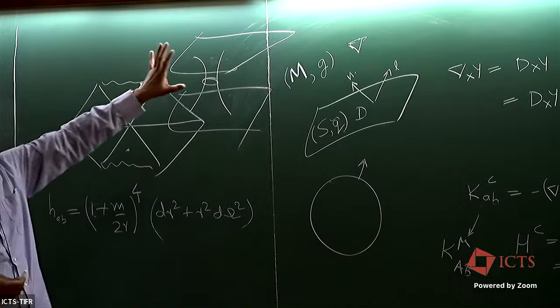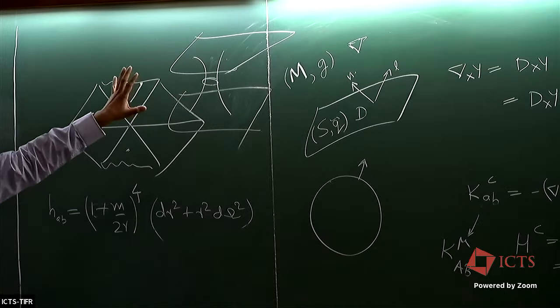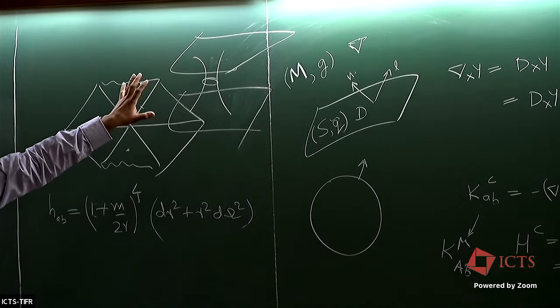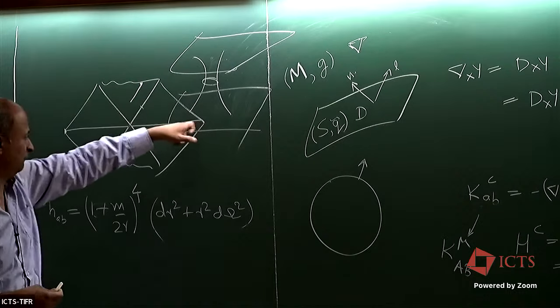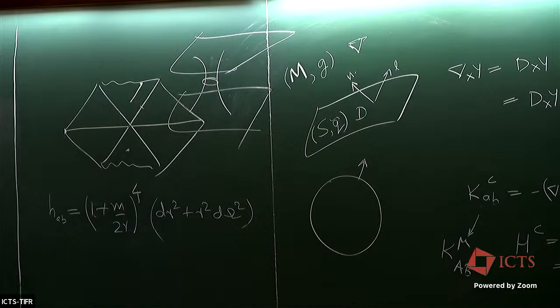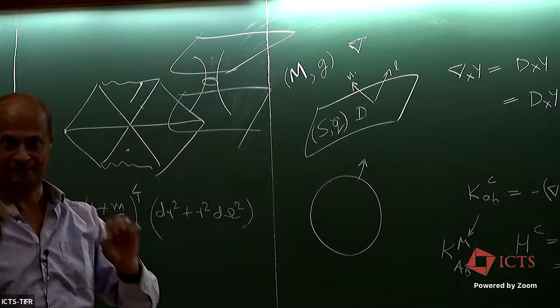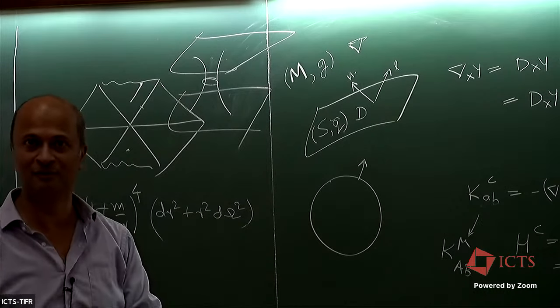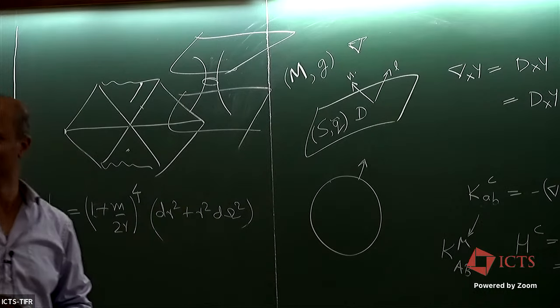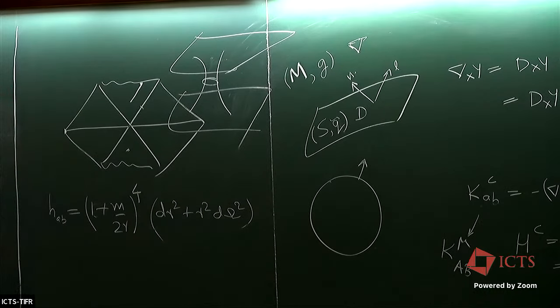So this, I presume you all have seen, right? I hope this is not a mysterious thing. In the Kruskal diagram, this is the topology of this slice. Can you raise a show of hands, who has seen this wormhole kind of thing before? Okay, that is good, I'm happy to see that. So everybody knows this. What you may not have known is that the metric on this slice is of this form.